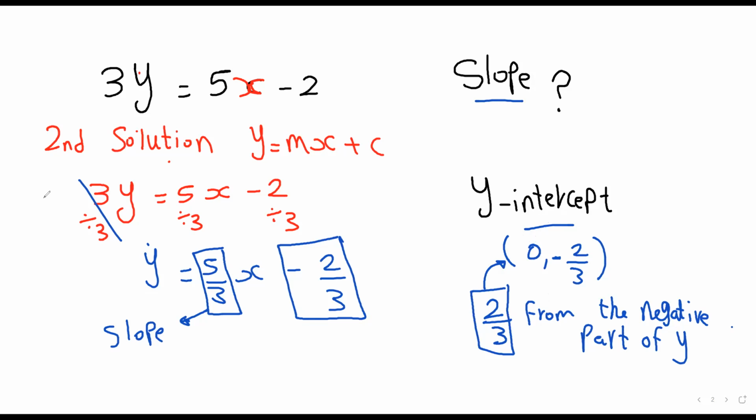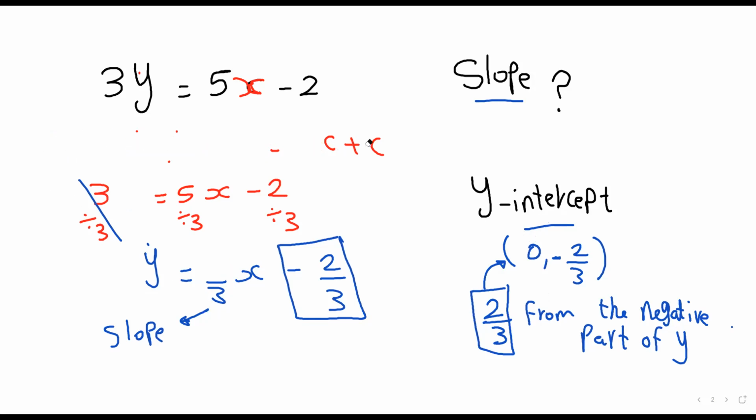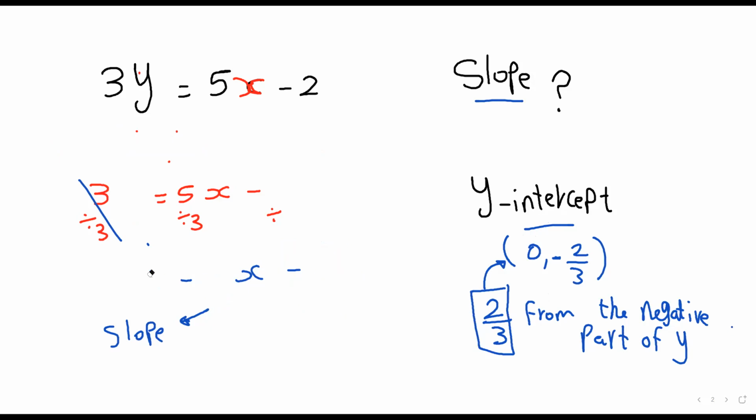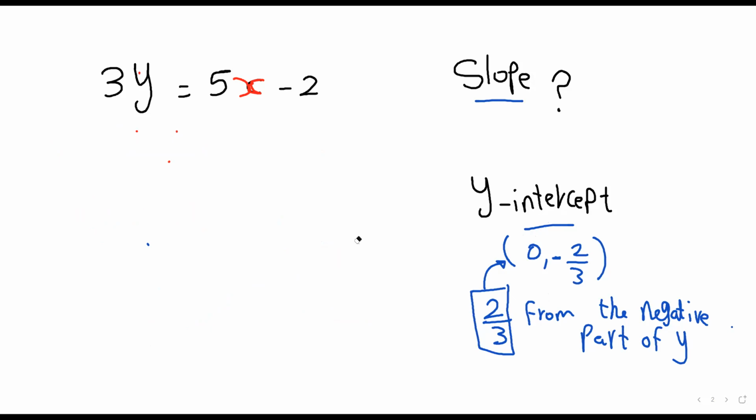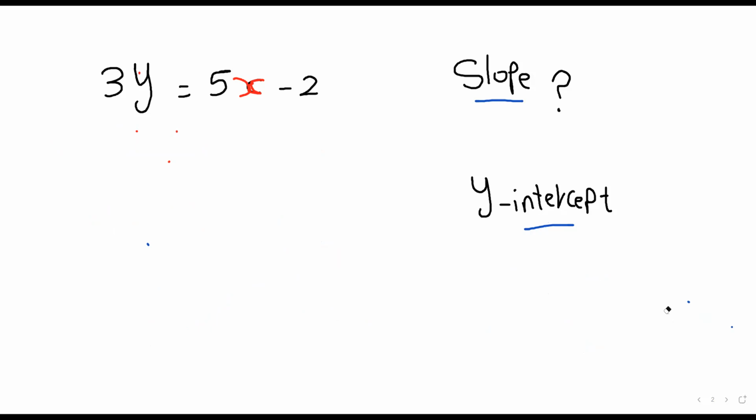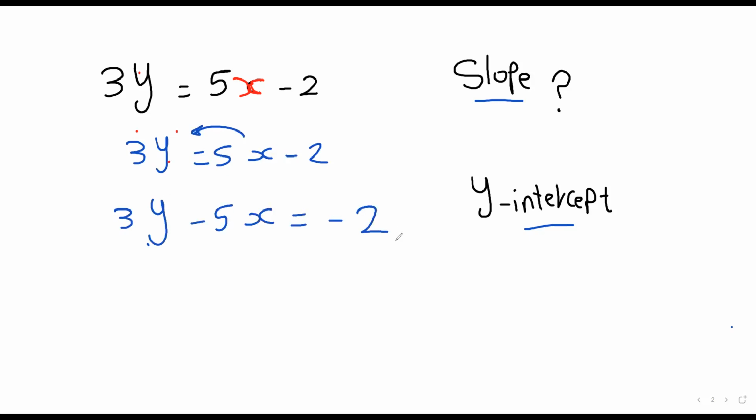Let's see a third solution. How can we get the slope? To get the slope, write the term of x and the term of y on one side. Like here, this equation, 3y equals 5x minus 2. We can move 5x, so it's going to be 3y minus 5x equals negative 2.